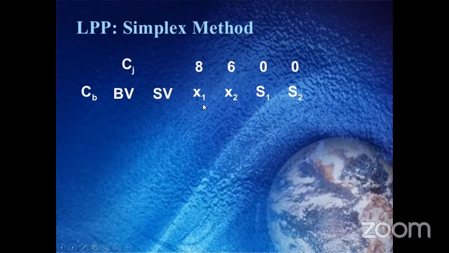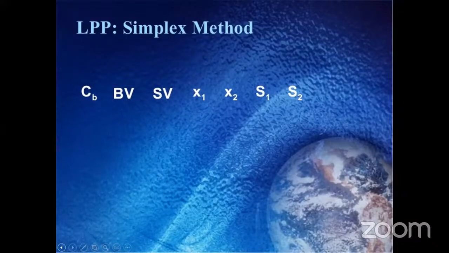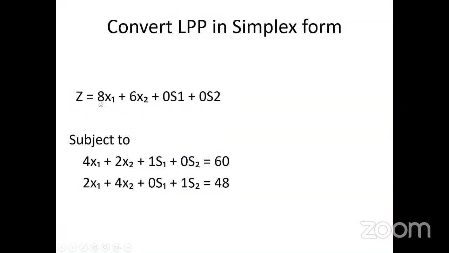What is the coefficient of objective function, Cj? See, we took the objective function Z equals 8x1 plus 6x2 plus 0s1 plus 0s2, so 8, 6, 0, 0. Above the variable names we write the values related to the objective function.